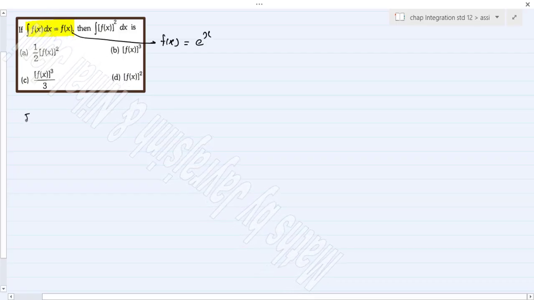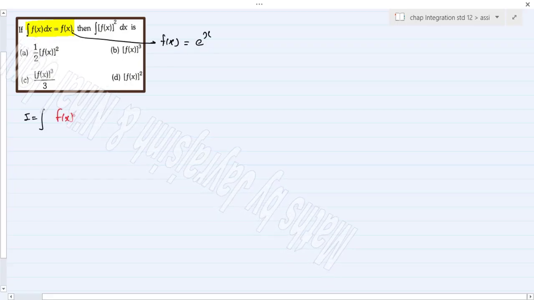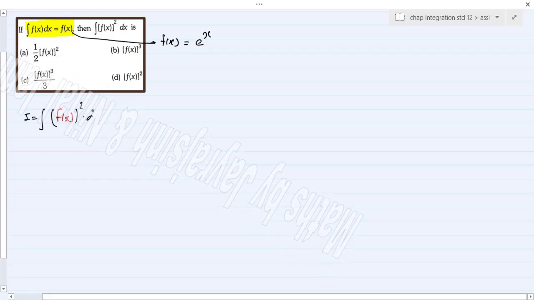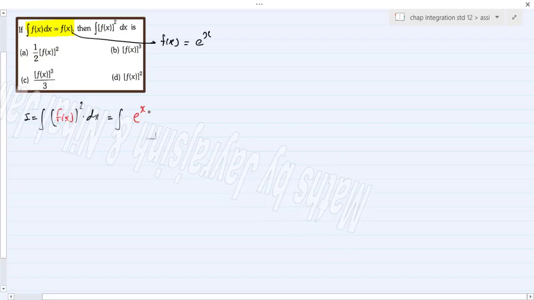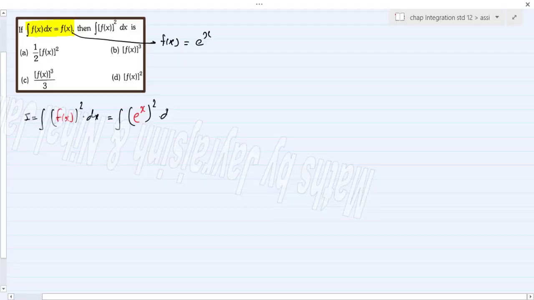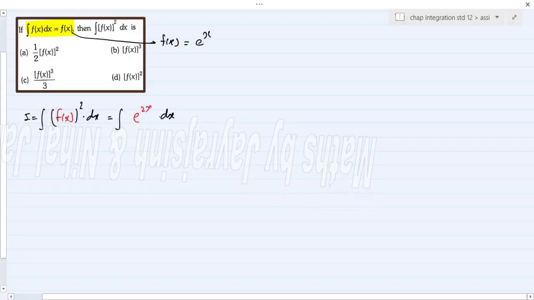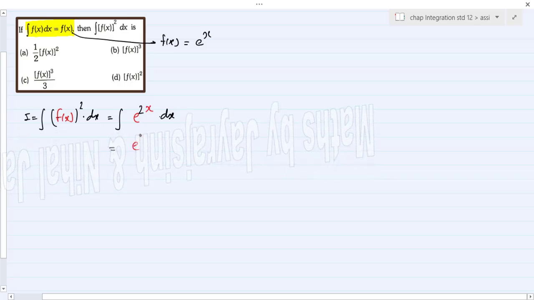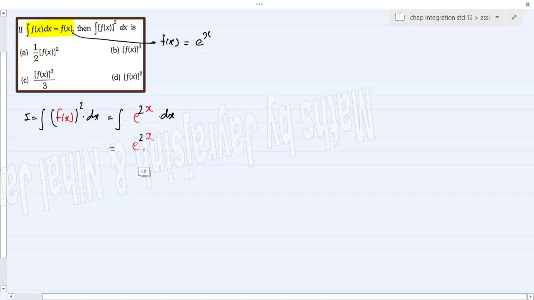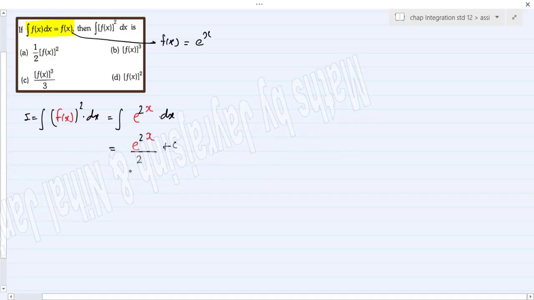Now, we have to find integration of f(x) the whole square, or we can say we have to integrate e raised to x the whole square dot dx, which can be rewritten as e raised to 2x. Its integration will be e raised to 2x upon coefficient of x, which is 2, plus c.